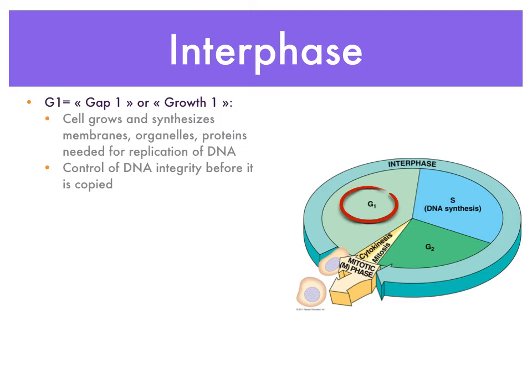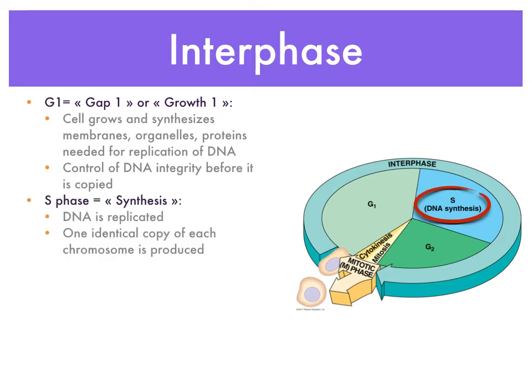Once this is all done, we can switch to the next phase that is called the S phase. S for synthesis. It is the synthesis of DNA. Basically, the DNA of the mother cell will be taken as a template and copied into a newly synthesized DNA.